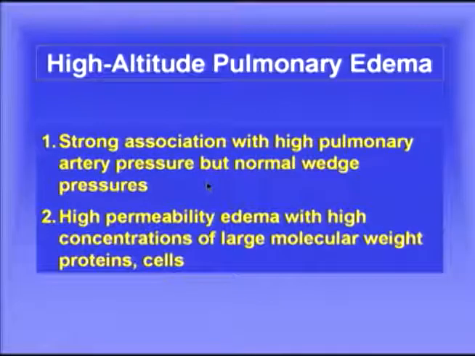But the cause of this high altitude pulmonary edema has been a mystery, because although we know that there's a strong association with a high pulmonary artery pressure, the wedge pressure is normal. In other words, there's no left ventricular failure. So why would a high pulmonary artery pressure caused by the hypoxic pulmonary vasoconstriction cause pulmonary edema?